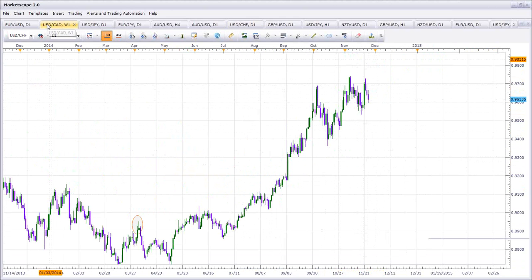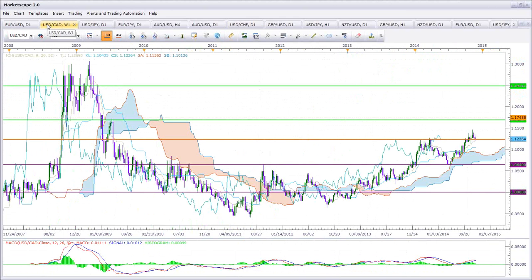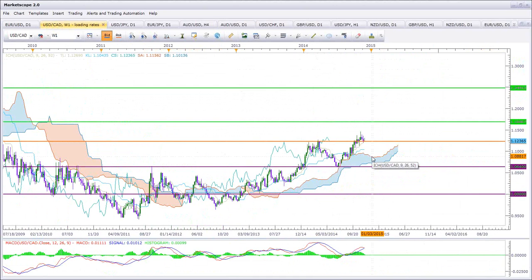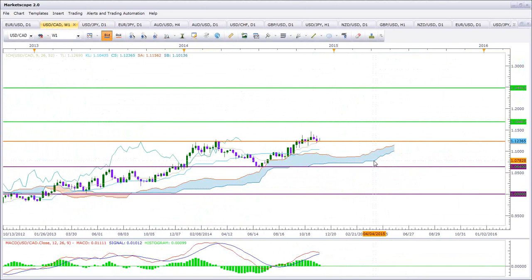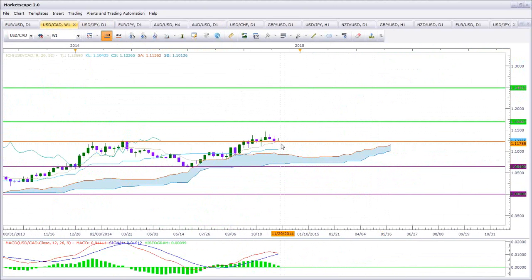Let's see if we have any reversals on dollar CAD. The market is kind of indecisive over here. It is consolidating. This is a spinning top, but not specifically an indication of the market. You can see a series of spinning tops and small short-bodied candles over here.